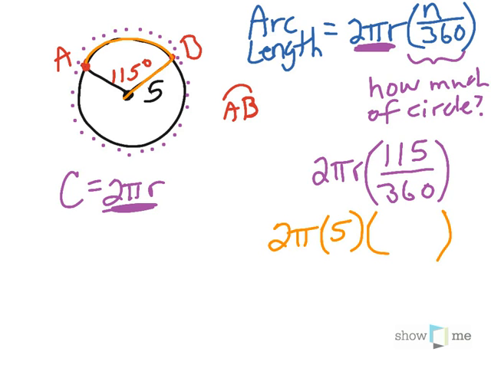Now for some people you might want to just turn that into a decimal. So if I took 115 divided by 360, this basically turns into 0.32. And that number just means I'm only looking at 32% of this circle. That's it.